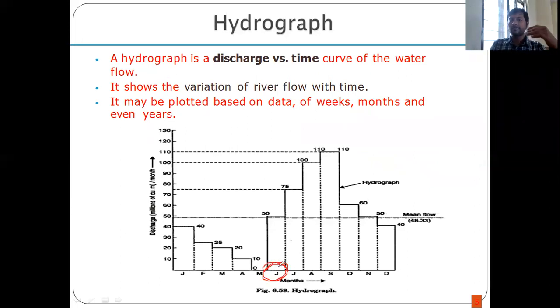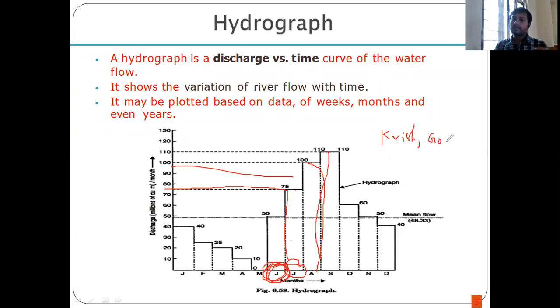During June, rain starts as the southwest monsoons take place, and in July the rains also increase, so the discharge also increases. August has more rainfall, and September rainfall also increases, and then rainfall decreases. But the discharge through the rivers increases from June to September.